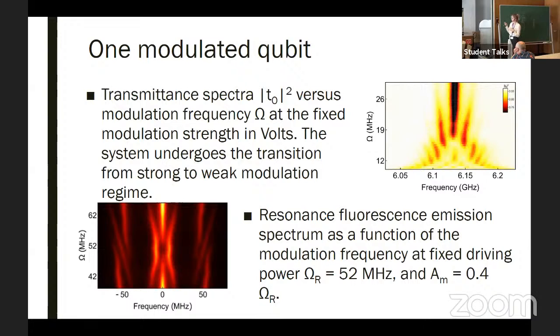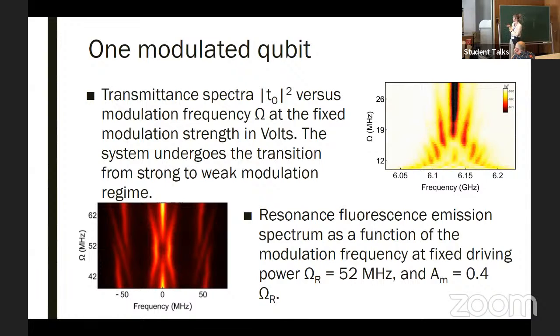For these measurements, I turned on the modulation, and I was changing the modulation frequency with a fixed amplitude of modulation. And what I see is that my Mollow triplet becomes a double Mollow triplet. So the modulation of the frequency of the qubit also has some quantum effect on the system. Although it's not the main thing, it's nice to see that there is also something quantum in it.